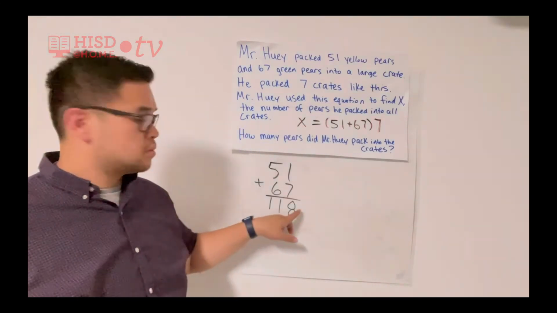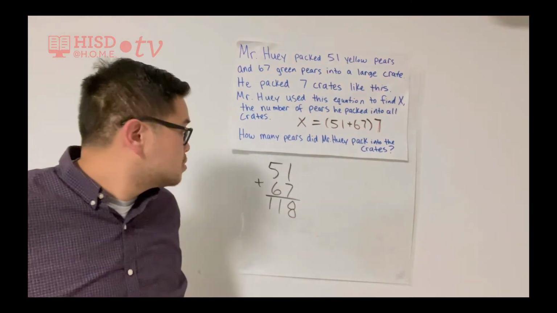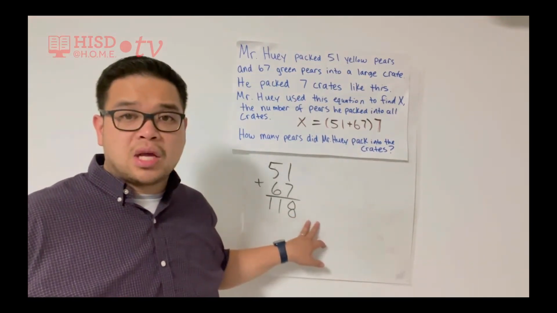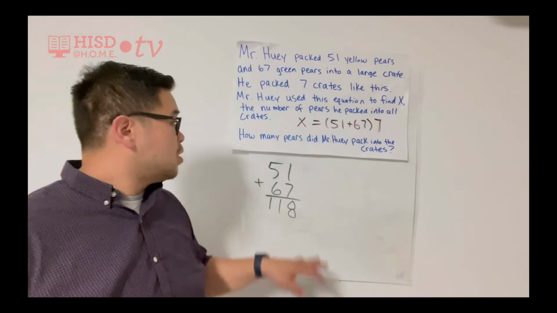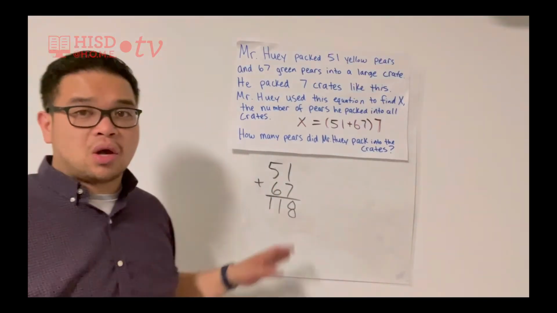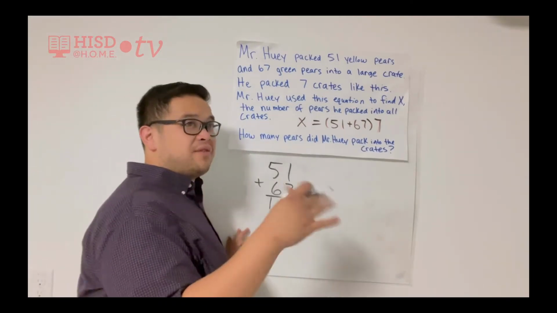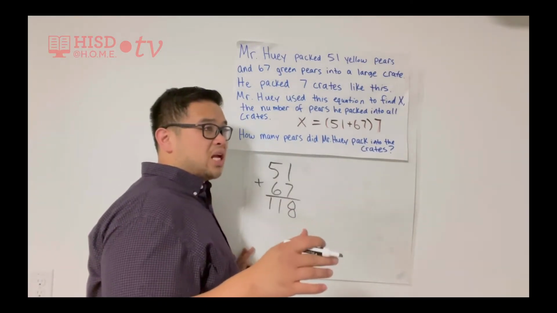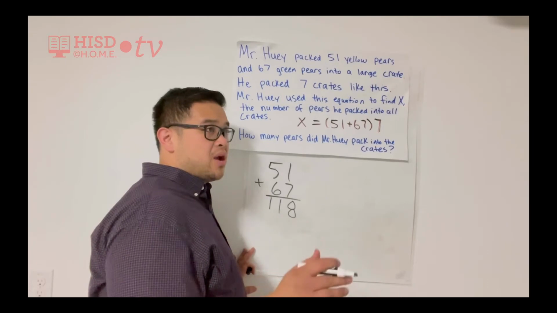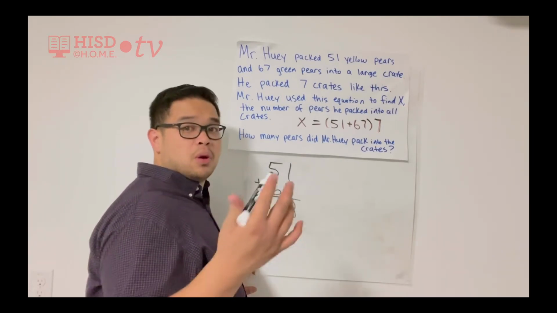And these pears that we have now, we know this is all the pears, but all these pears go into these 7 crates. So what we're going to do now is, if we have 7 crates and each crate has 118 pears, that means we're going to have to multiply.